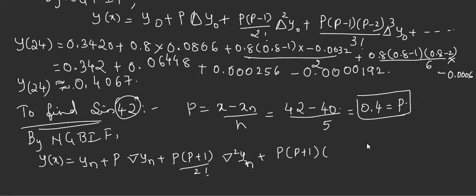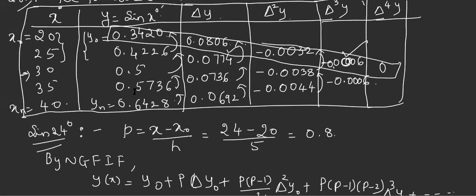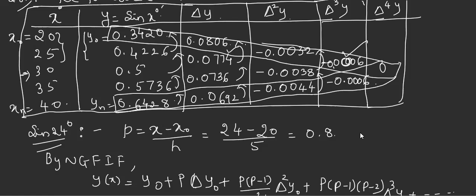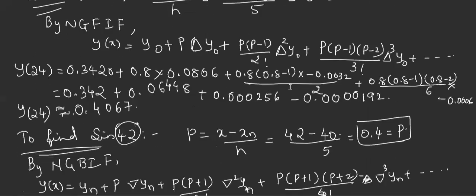So to find sine of 42, let us take the formula over here: 3 factorial delta cube yn, and so on. Now, when we consider the backward, which line is to be taken in the table? The last line. In the same table, you can find two values by using forward or backward.